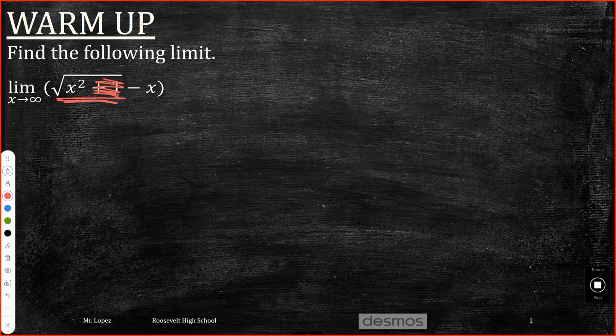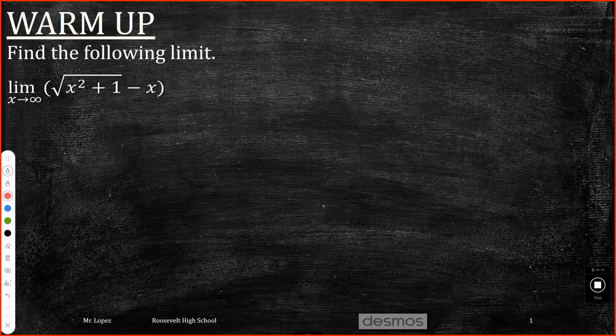And so we're going to have that the square root of x squared is equal to x for values that are greater than or equal to 0, and it is approaching infinity. So we're just going to say it is x. So then this is x minus x, which will give us 0. So we're saying that the answer is 0 by doing the shortcut way.